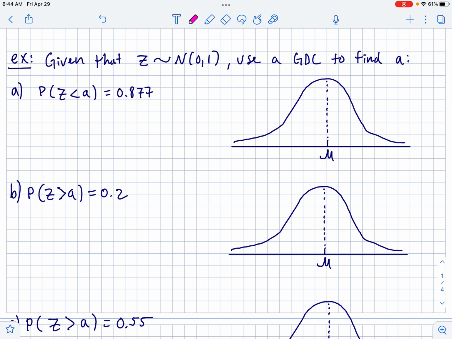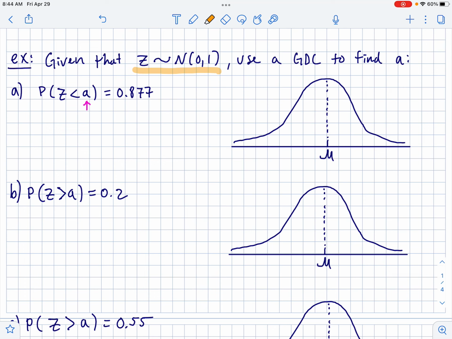So first, given that z is a normal distribution with mean of 0 and a standard deviation of 1, so we're talking z-scores here, we're going to use the calculator to find certain things. The first one is the probability. We're going to find this a value right here, given that the area underneath the curve is 0.877.